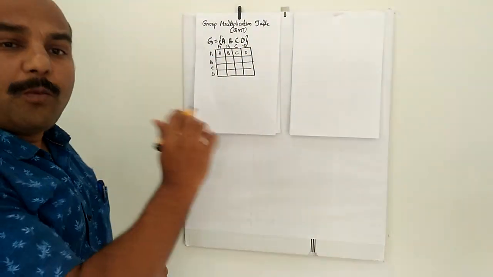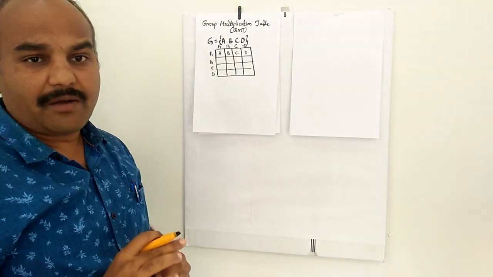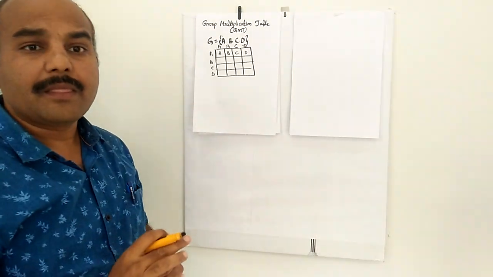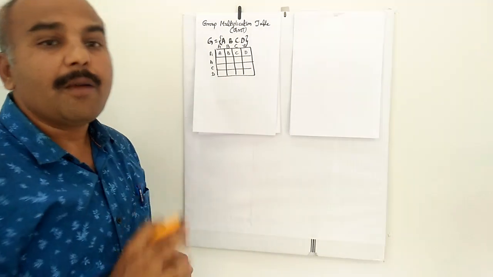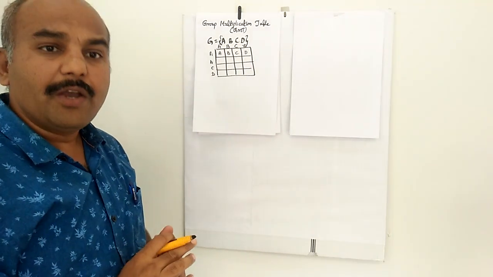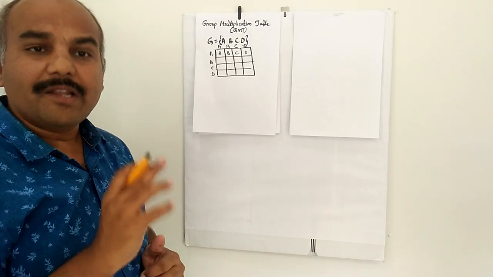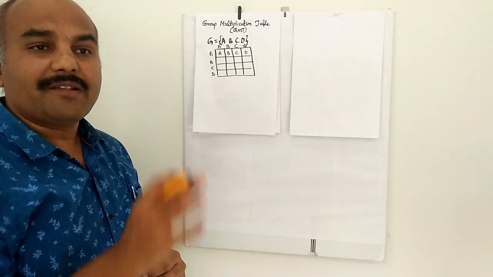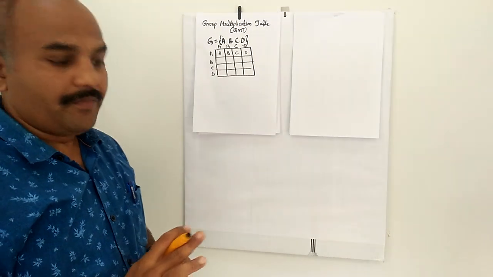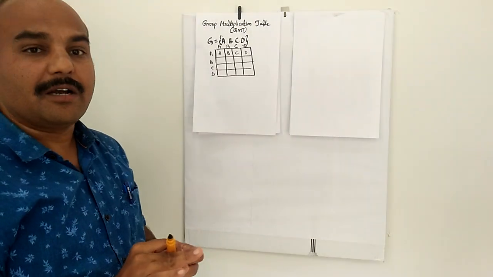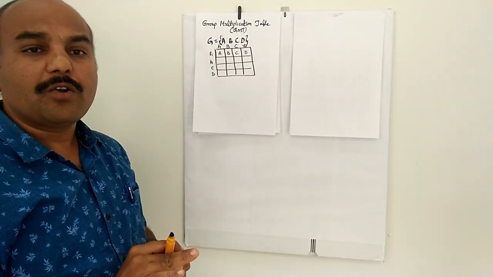So the group multiplication table is a criterion for checking whether the listing of the elements is completed or not for a particular point group. For this, we can take two examples in this class: one is the C2v point group, another is the C2h point group. So in this C2v point group, h, the order of the group, is equal to 4.